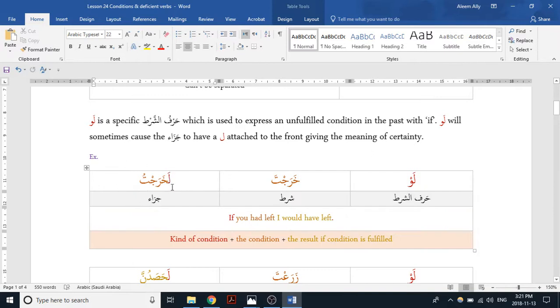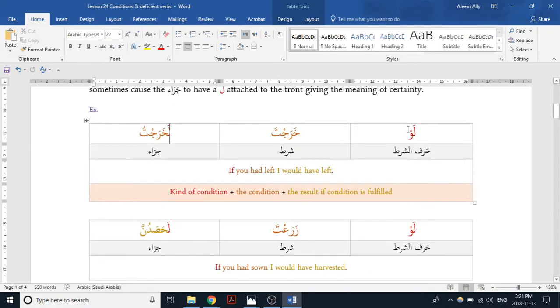And this would be translated as, if you had left, I would have left, right? So it's a conditional statement. First we have the kind of condition, then the condition, which is expressed through the first verb, and then finally the result of the condition, which is expressed through the second verb, and it takes that lam because of the harfu shart.